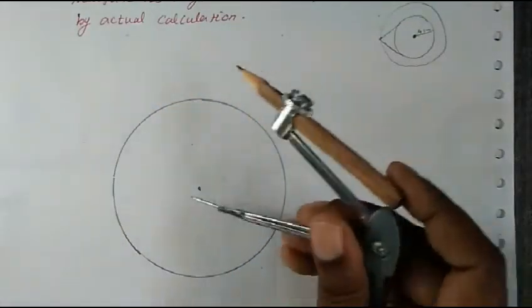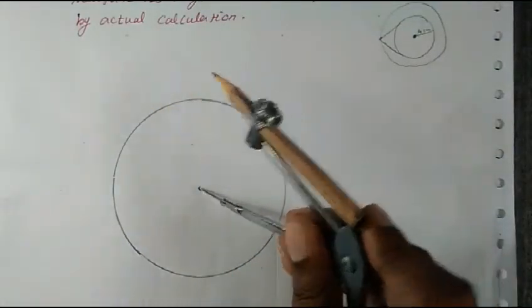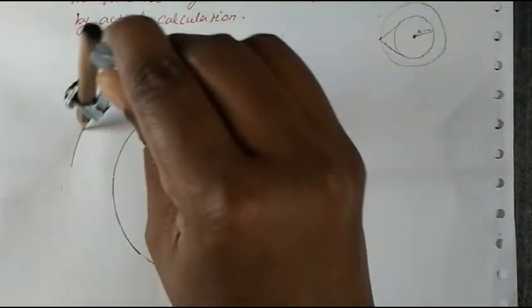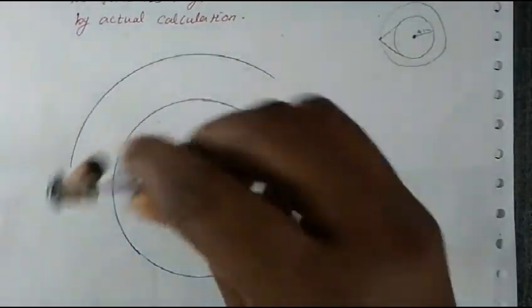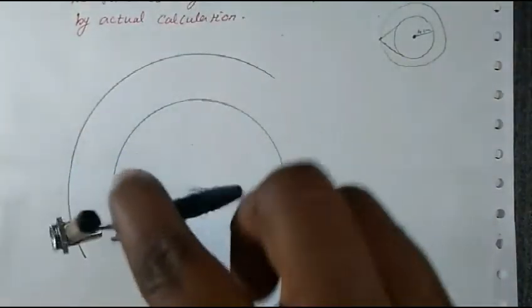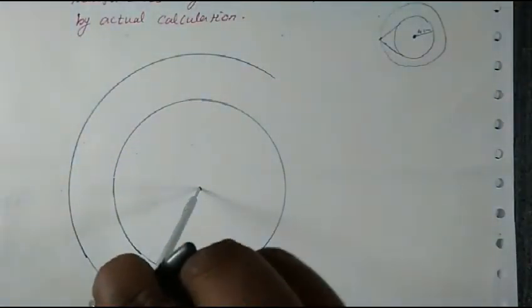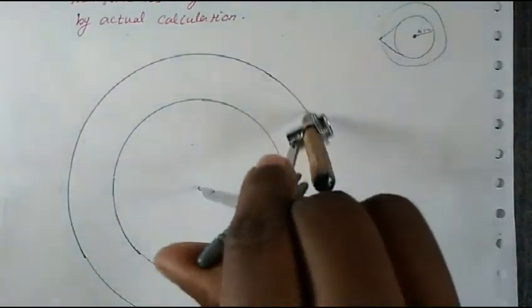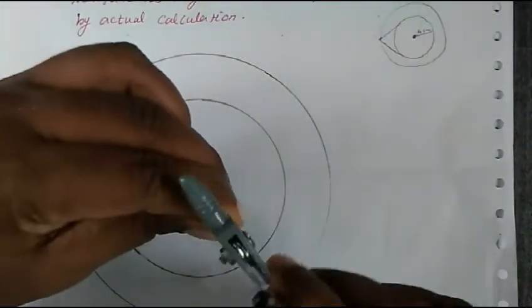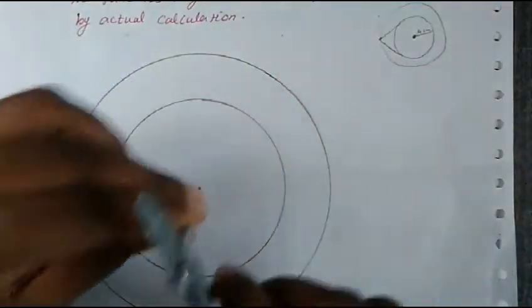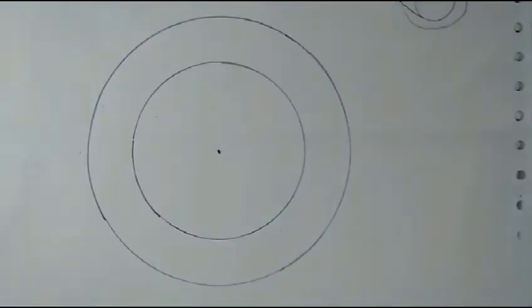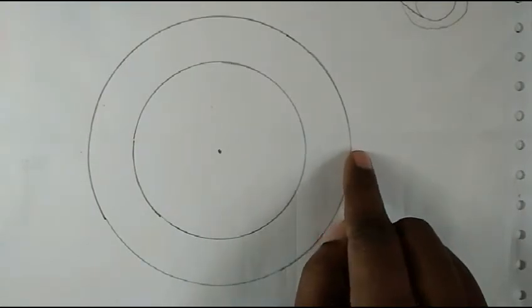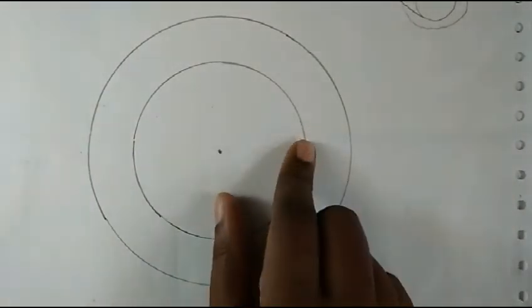Okay, same center, and draw the circle. Now this radius from the center up to here is 6 centimeter, and this one is 4 centimeter.